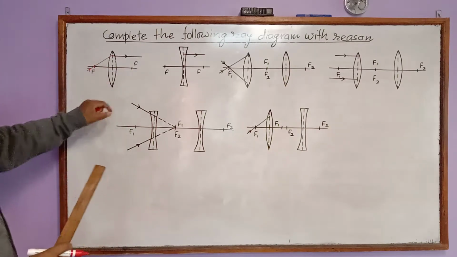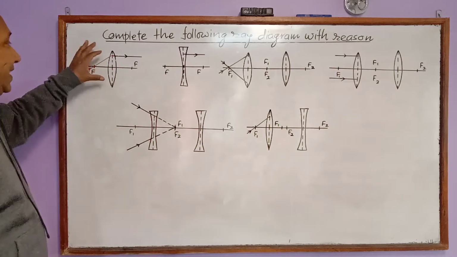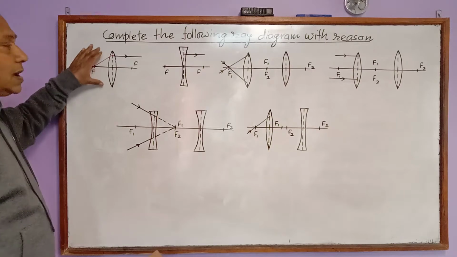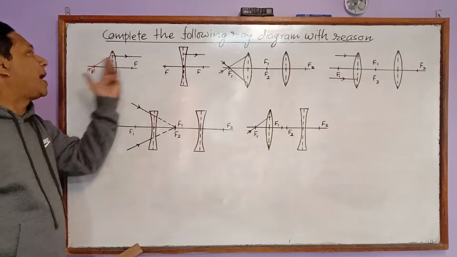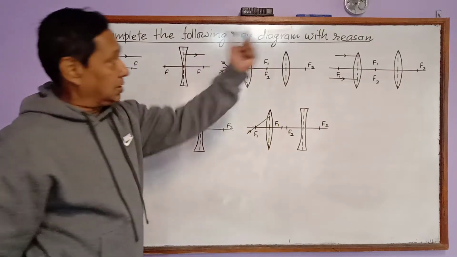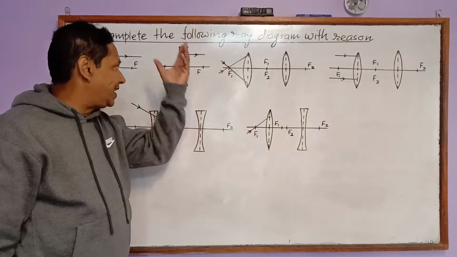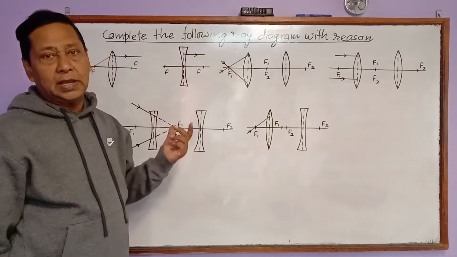And you have to write at the bottom that a ray of light coming through the focus, when it falls on a convex lens, then it refracts being parallel to the principal axis. This is the reason.